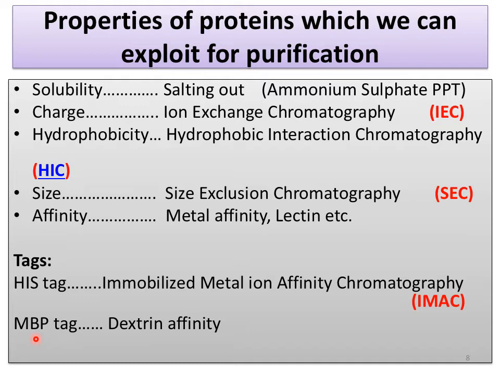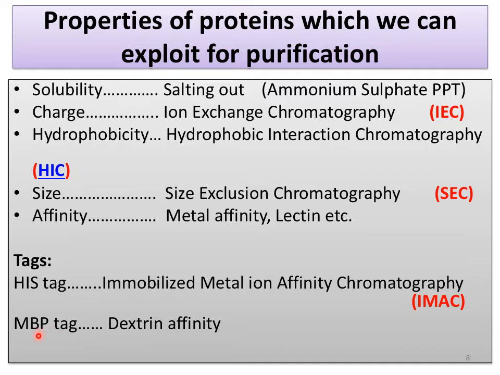The vector which is used for cloning contains the gene for maltose binding protein, and the gene of interest is cloned along with it. So this protein is going to be attached to the protein of interest and will be covalently bound.